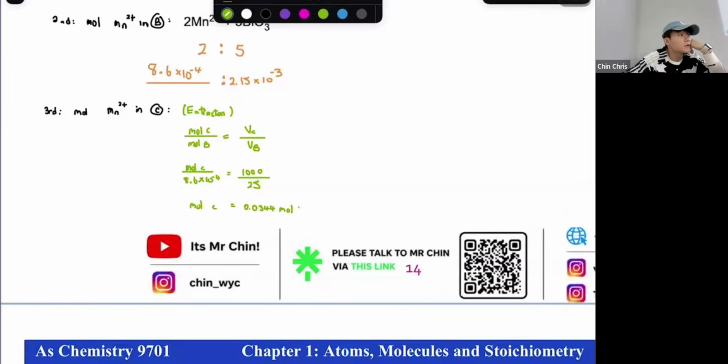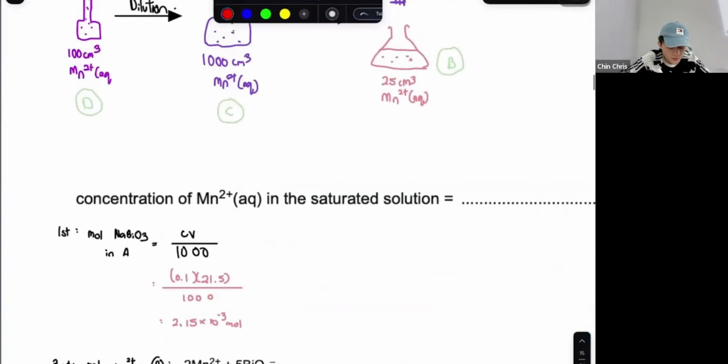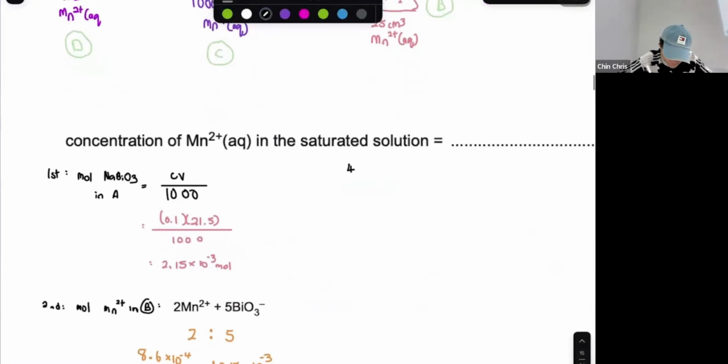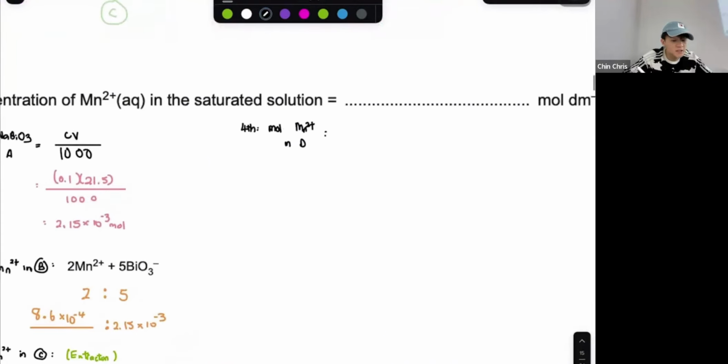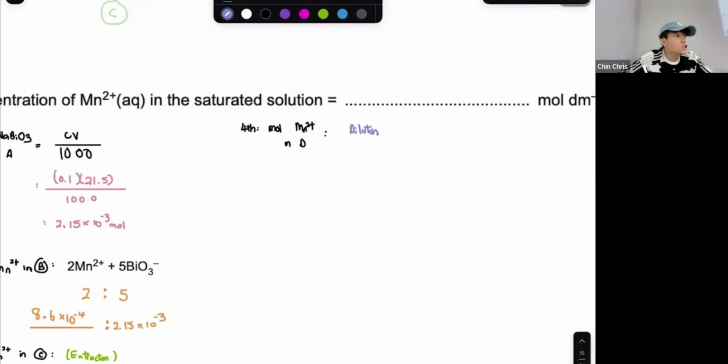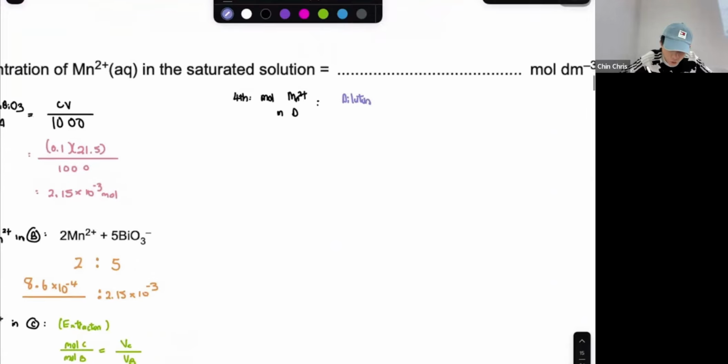Okay, guys, once you get your mole C already, can you get me mole D? What's the mole in D, guys? Let me know. What is this, guys? This is a dilution, right? Will the mole change in dilution? No. Well done. Thank you, Leo. 0.0344.